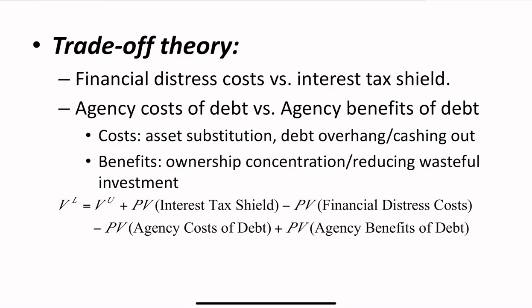The first is asset substitution, the second is debt overhang, and the third is cashing out. What is asset substitution? It basically means that if the firm has the possibility of being in default, then shareholders will have the incentive to invest in negative NPV projects.